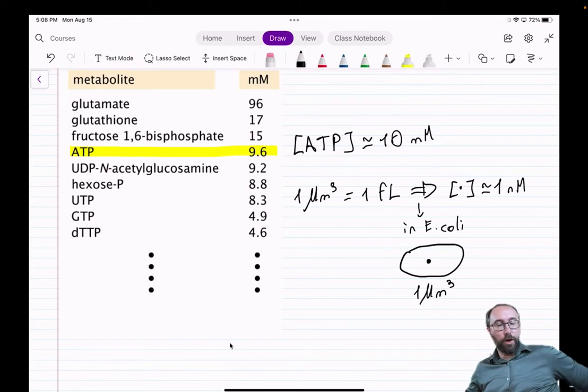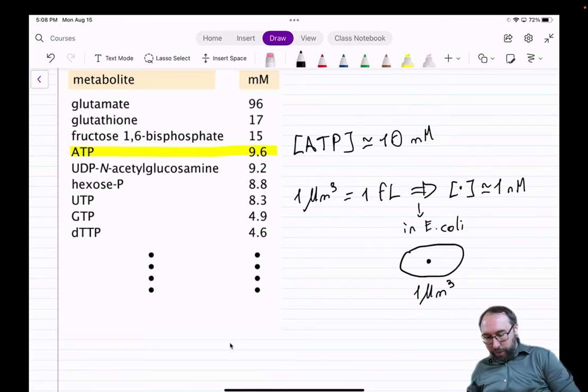So basically, if you have one molecule, its concentration in E. coli is 1 nanomolar. If you have 10 molecules, its concentration is 10 nanomolar. And this is a super useful number to have for whatever your favorite cell type is. Like, for example, I know that in the fruit fly nucleus, 1 nanomolar corresponds to 100 molecules.